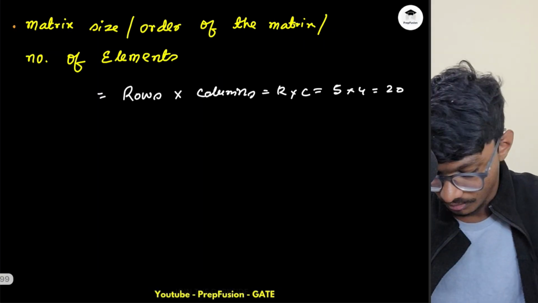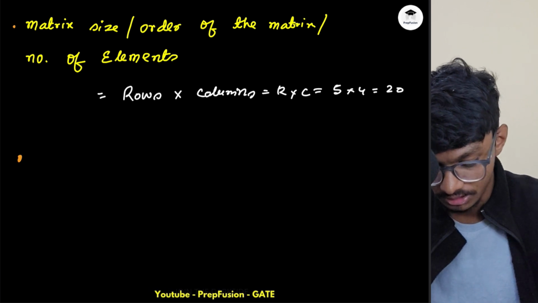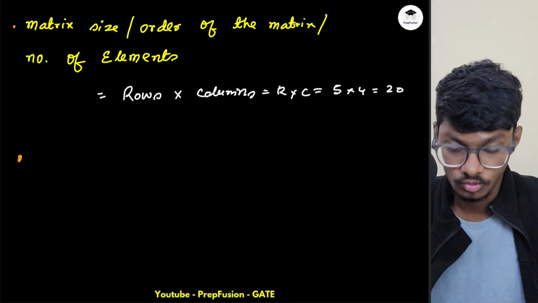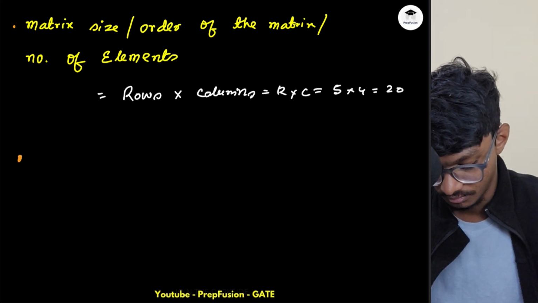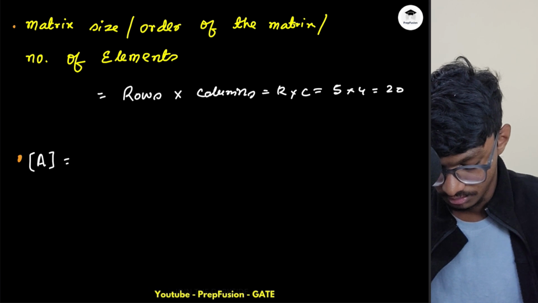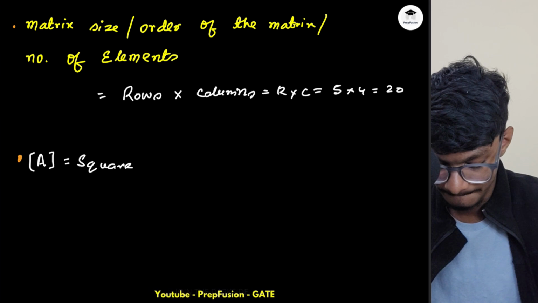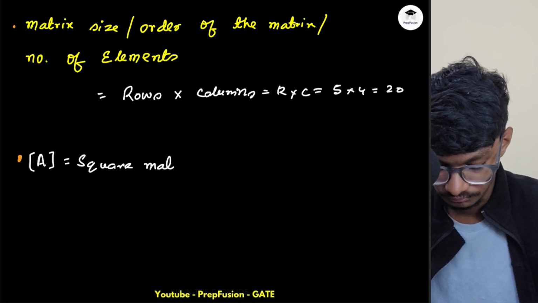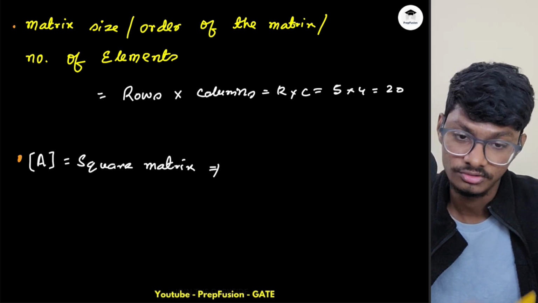Now another thing that I want to say, which I hope you already know, is that if A is a square matrix, then it has to satisfy one condition.